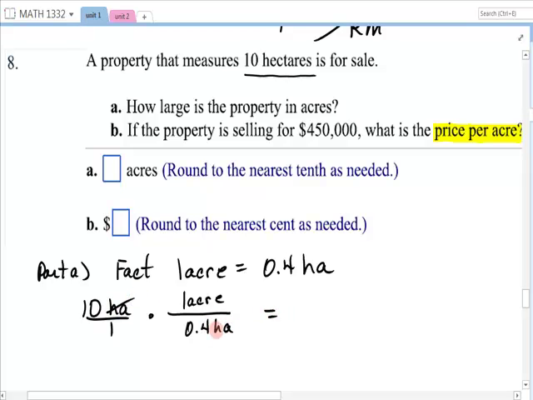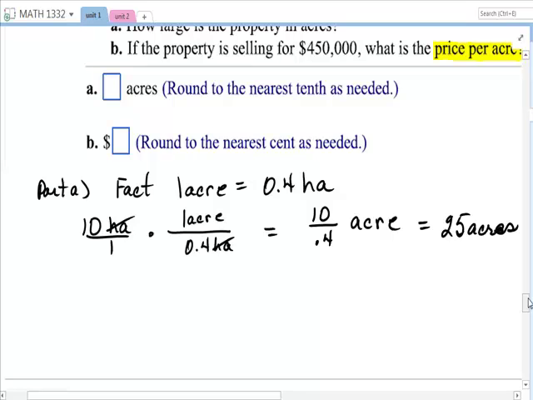I know I'm doing it right because those cancel out. I end up with 10 over 0.4 acres, and I divide that using my calculator. 10 divided by 0.4. 25 acres.